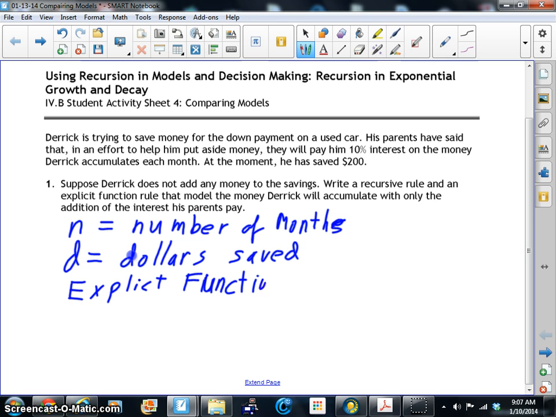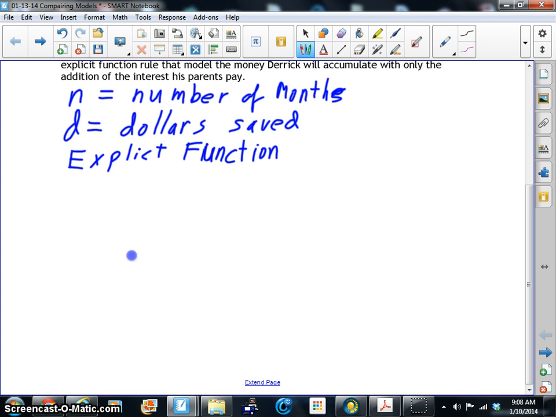There's a formula where D is equal to the amount of money he saved, which is our principal, times 1 plus the rate to the power of t, where t is our time. Actually, that should be n because we're looking at number of months. This is the formula we usually use.